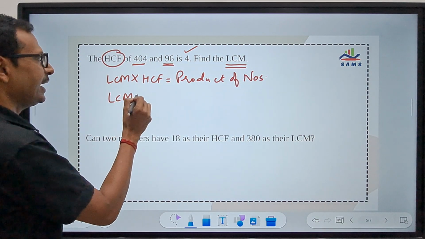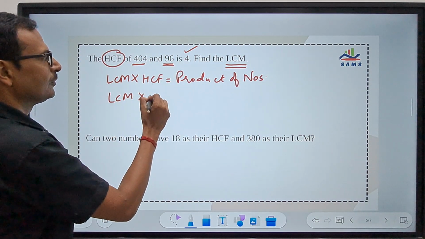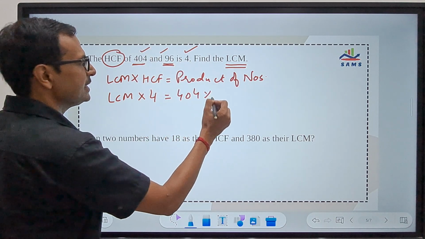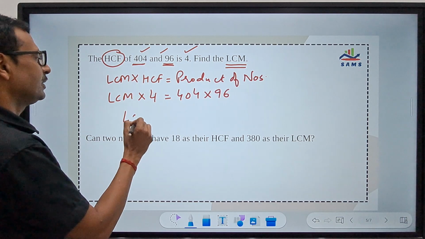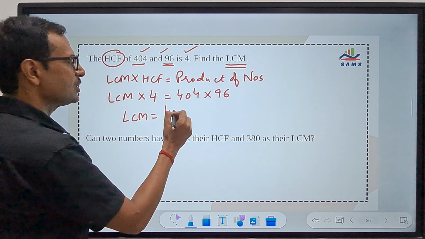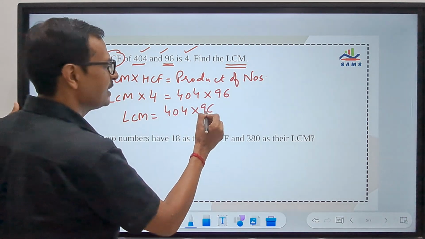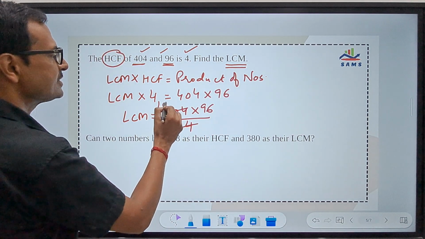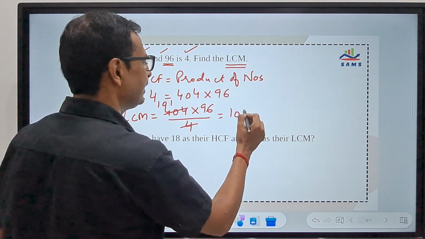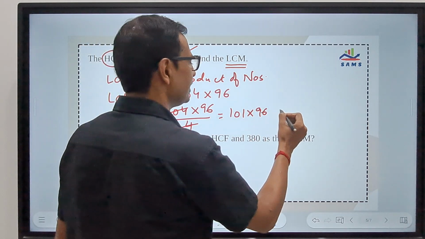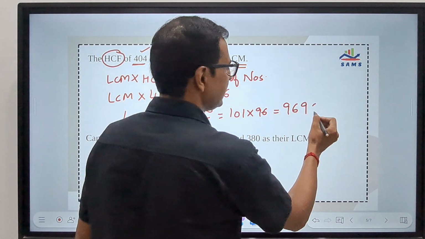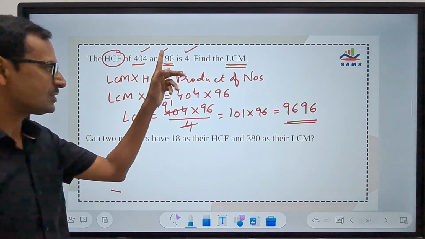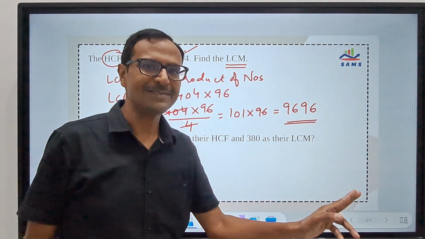LCM is not known, HCF is 4, the numbers are 404 and 96, and therefore the LCM will be 404 times 96 upon 4, and the 4 cancels with 404 to give 101, thereby giving you 101 times 96, which is 9696 as the answer for the question. That means the LCM of 404 and 96 will be 9696.